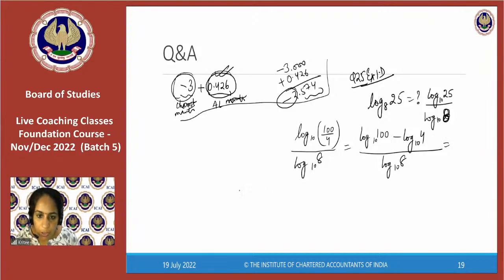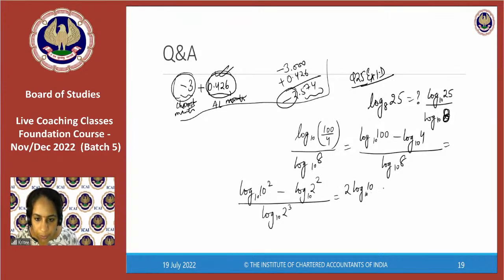Okay, log 100 can be written as log 10 squared to the base 10, minus log 4 can be written as 2 squared to the base 10, upon log 2 cubed to the base 10. So 2 log 10 to the base 10 minus 2 log 2 to the base 10 upon 3 log 2 to the base 10.